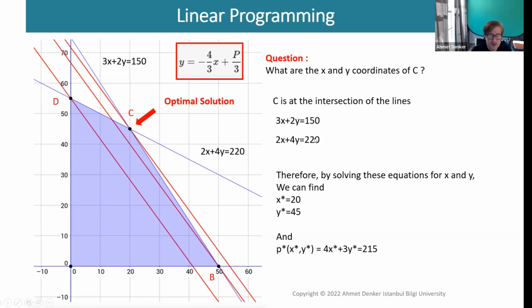And when we solve these simultaneous equations, we find the coordinates of C, which is x is equal to 20, and y is equal to 45. Of course, I put stars on these values because they are the optimal values. And when I put them into the equation, this gives me 250.